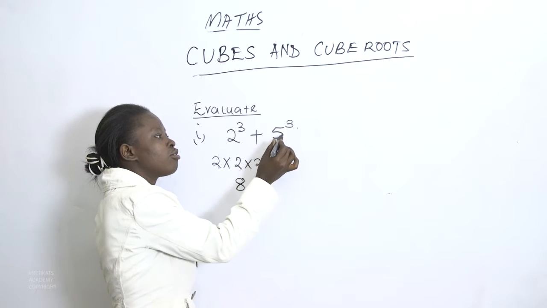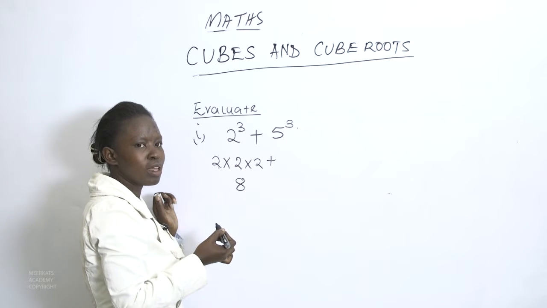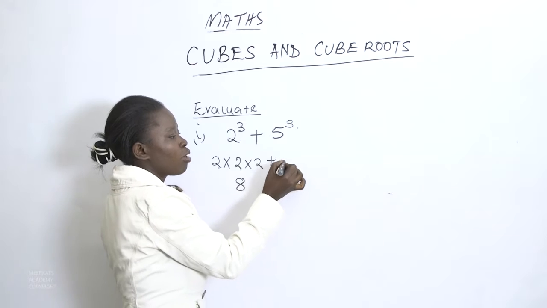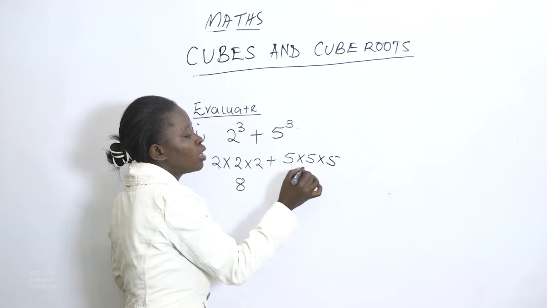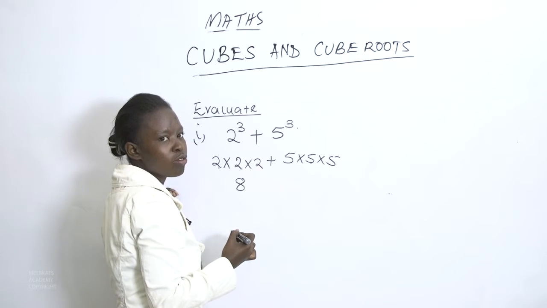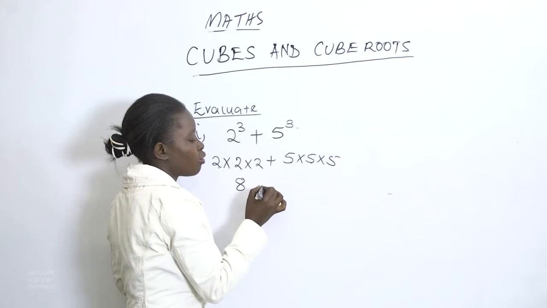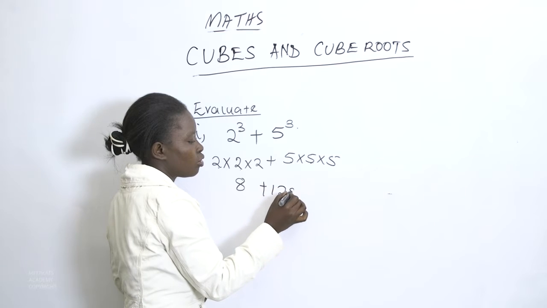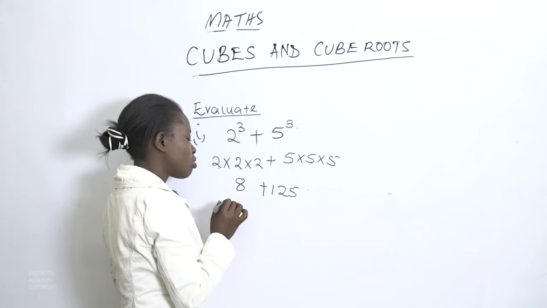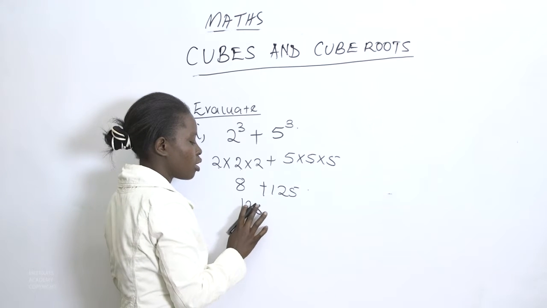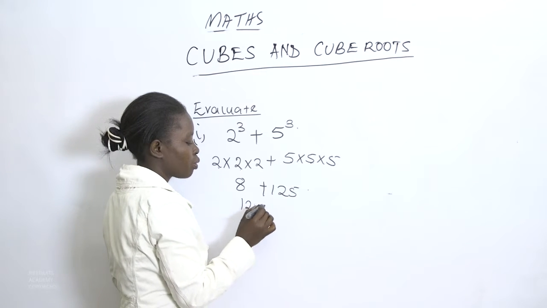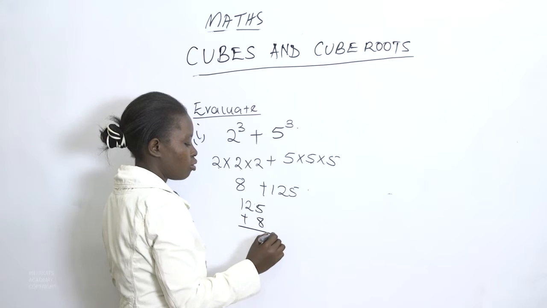Then plus 5 cubed, which is 5 repeatedly 3 times. So I have 5 times 5 times 5. 5 times 5 is 25. 25 times 5 is 125. So that means that I have 8 plus 125.